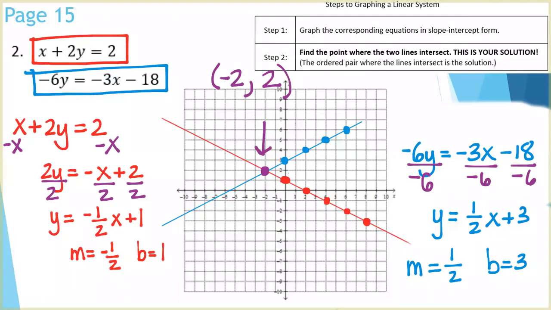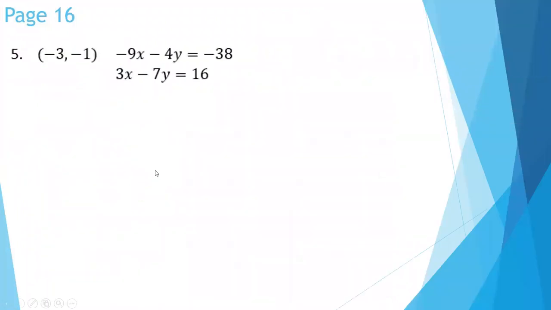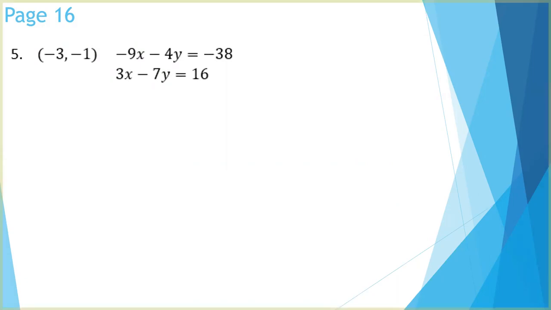Okay, so let's go ahead and look at question number 3. I'll put it up and give you a minute to copy it down, and then we'll come back together and work through it. What we're trying to figure out is, because when you graph it, you can see where they intersect, the question that we're trying to answer is: is this the solution?